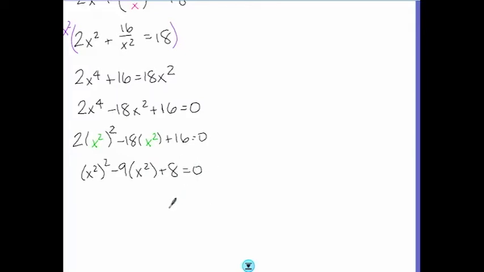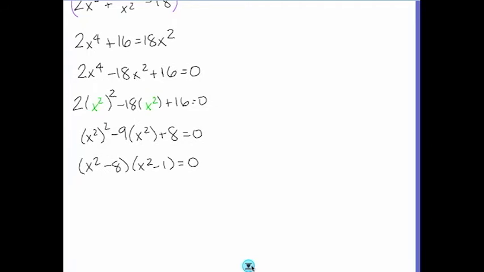Now I just need two numbers that multiply to positive 8 and add up to negative 9, which would be negative 8 and negative 1. So my factors are going to be x squared minus 8 and x squared minus 1. Then I need to set each of these factors equal to 0 and solve. So if I have x squared minus 8 equals 0, I get x squared equals 8.